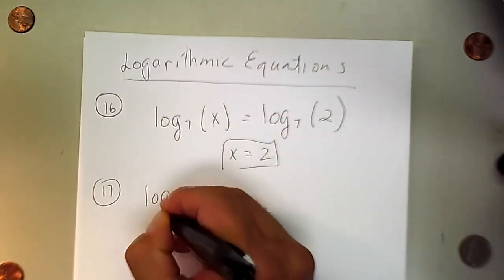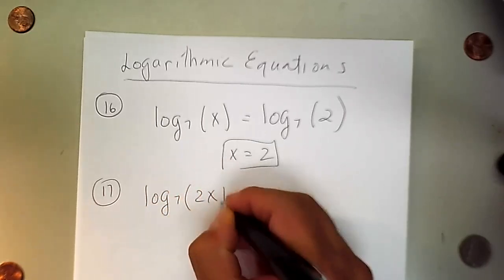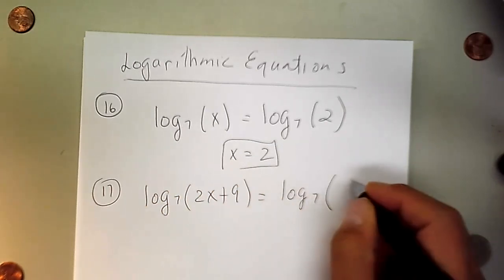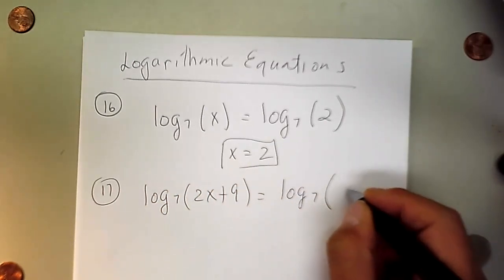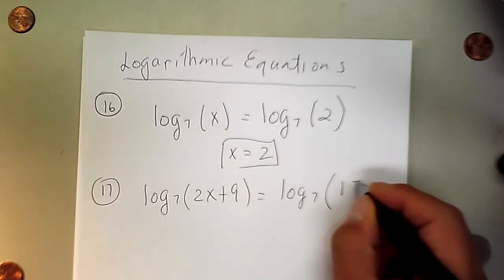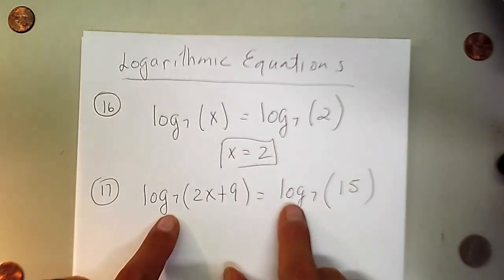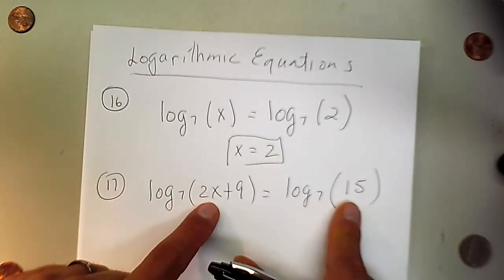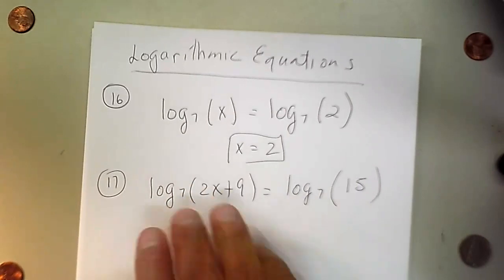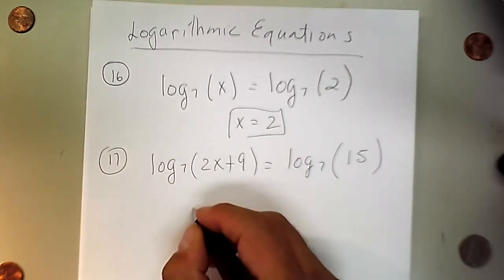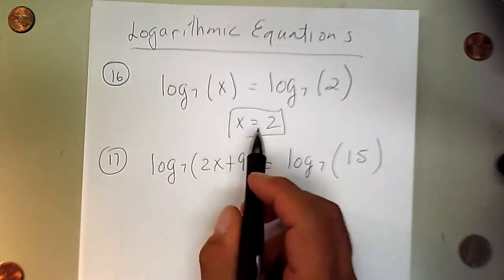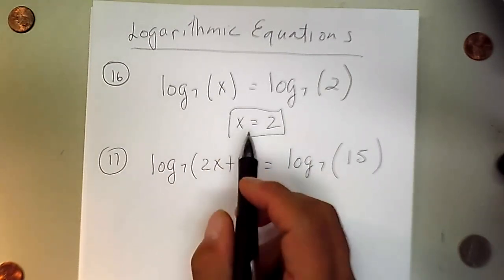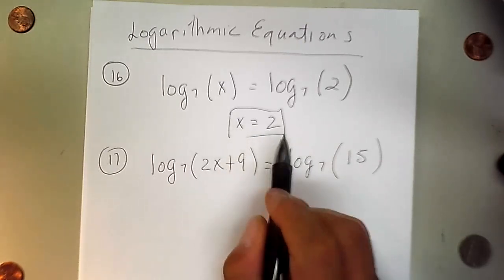Okay, so logarithm base 7 of 2x plus 9 equals logarithm base 7 of, let's put something more complicated, such as 15. As long as you have pure logarithms with the same base, the inputs have to be exactly the same. Oh, there's one other thing with logarithms. There's a catch, there's a twist. I did mention that.